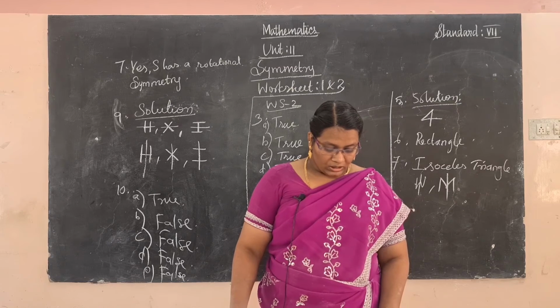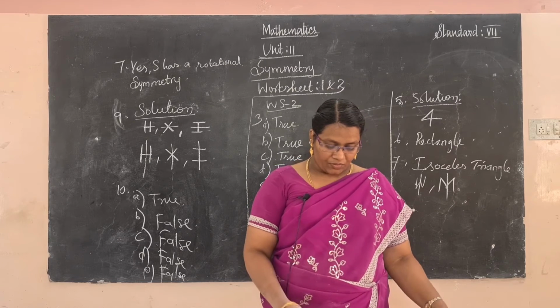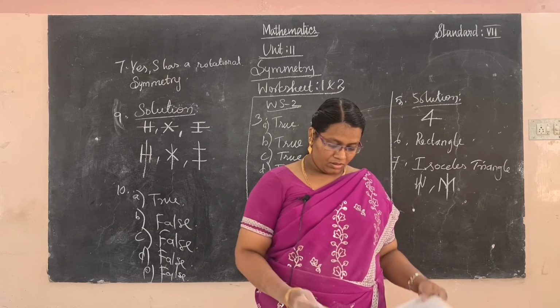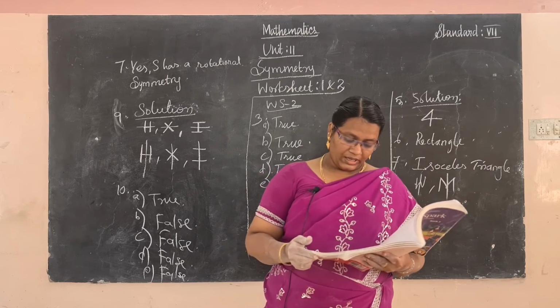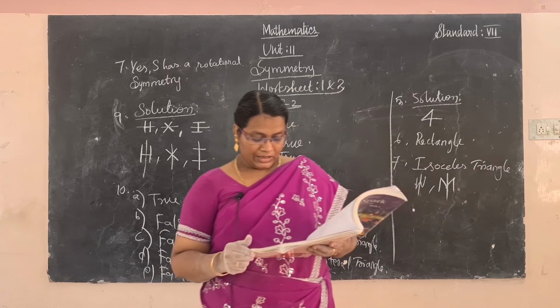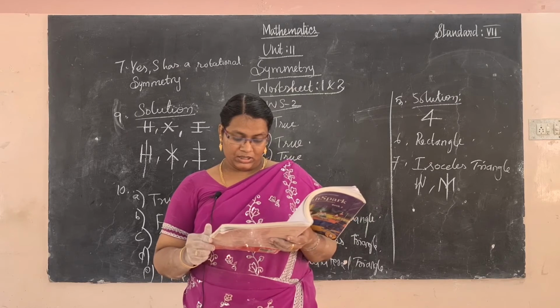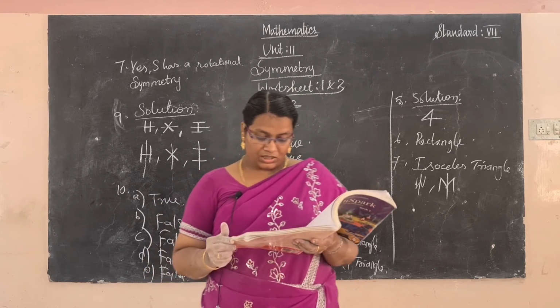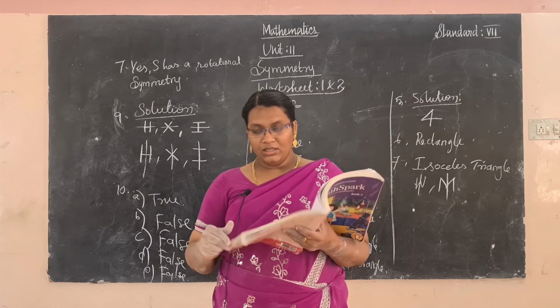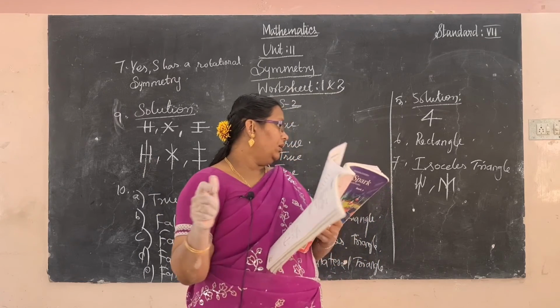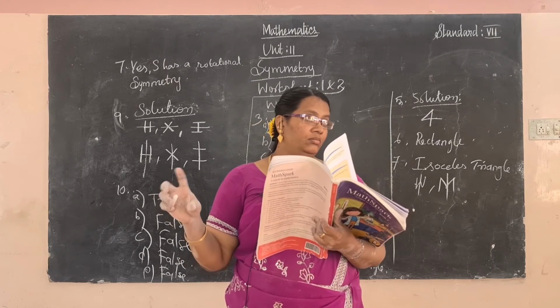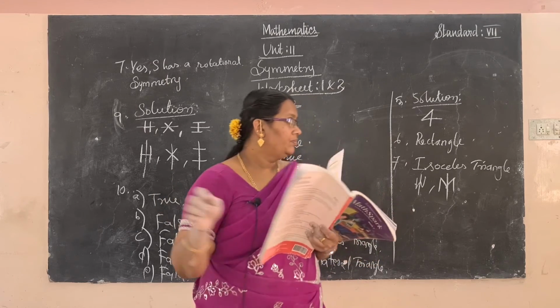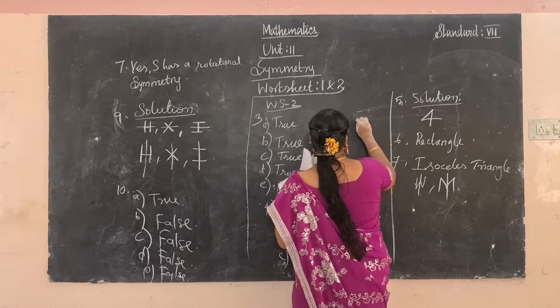And 9th one. What is the order of rotational symmetry of the following? So a regular hexagon has 6 lines of symmetry, and the order of rotational symmetry is 6. And letter N is 2.